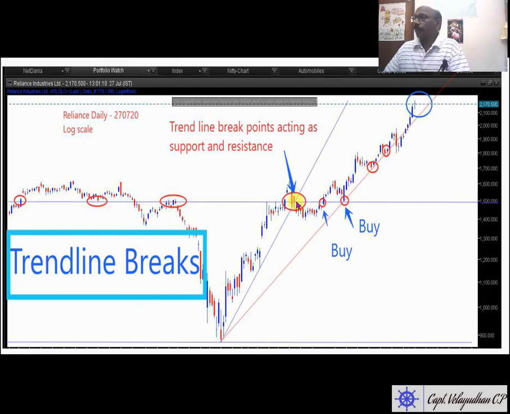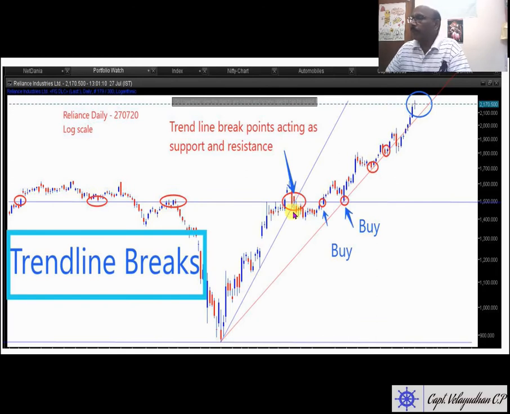So this is the trend line breakpoint. And this trend line breakpoint acts as support and resistance. So as soon as the trend line is broken, we make a horizontal line across the trend line breakpoint.